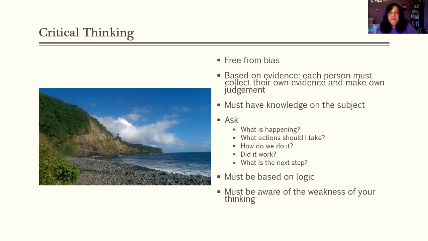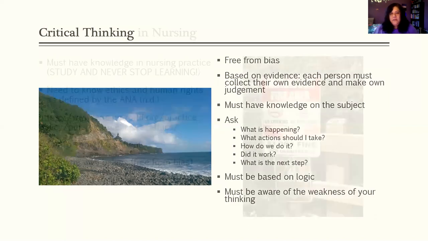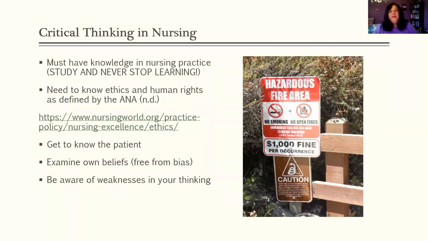Critical thinking has to be based on logic. So we have to know the weaknesses in our own thinking, or we may just follow the wrong path. When we talk about critical thinking in nursing, the first thing is you have to have knowledge of nursing. You have to know nursing practice.